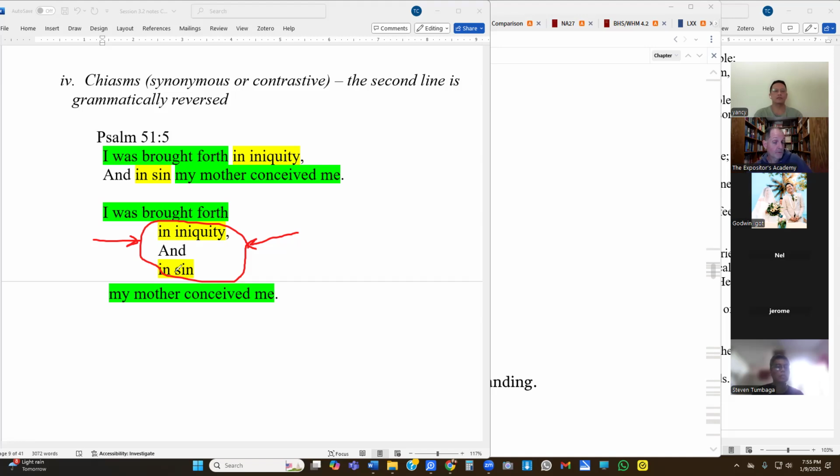And we actually went through Psalm 51 in class. I think Brother Stanley did that in class, maybe it was Rodell. But we looked at Psalm 51, and we found that there were a number of chiasms in that psalm, more than I think I've seen in any other.